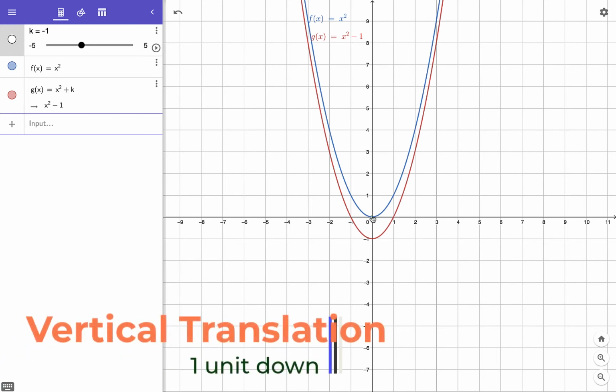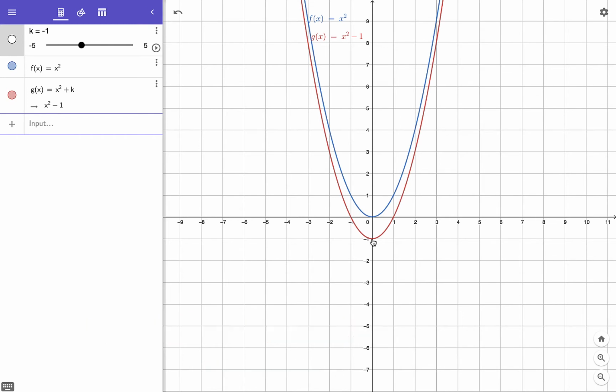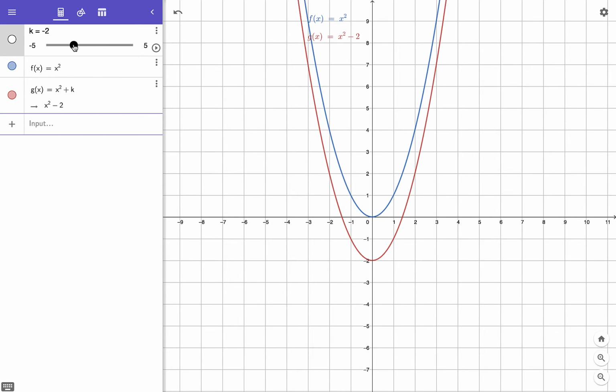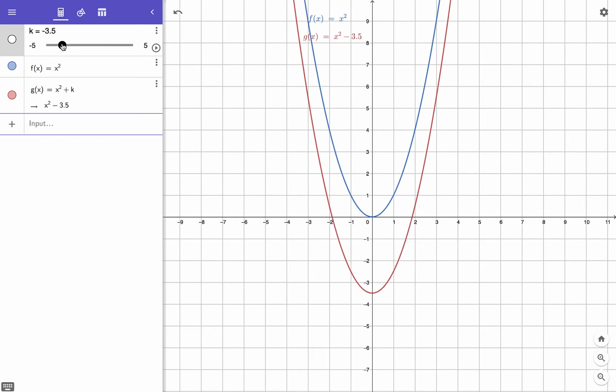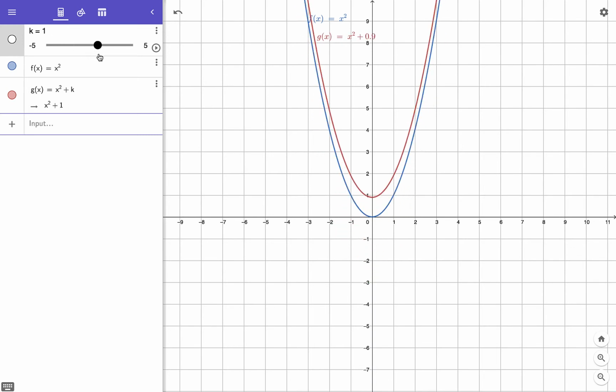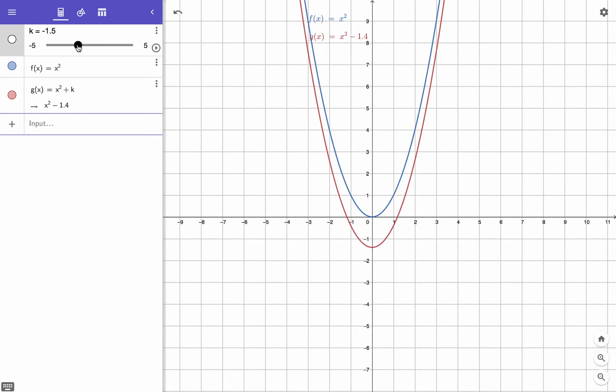This is a vertical translation 1 unit down of the parent function, and you can go down to negative 2, negative 3. We call it a vertical translation, up or down, depending on k, plus or minus. If k is plus, it's going up. If k is minus, it's going down.